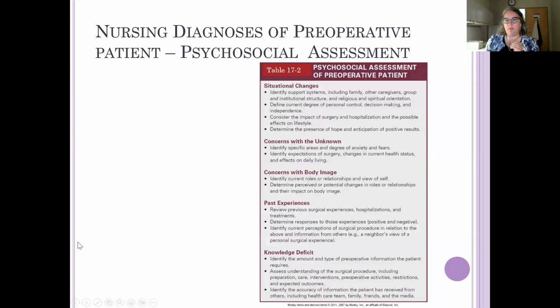Moving on. There are several different nursing diagnoses, otherwise known as problem statements. You'll hear me refer to them as problem statements, nursing diagnoses, or nursing problems. I have a few different vocabulary words for that, and I apologize.